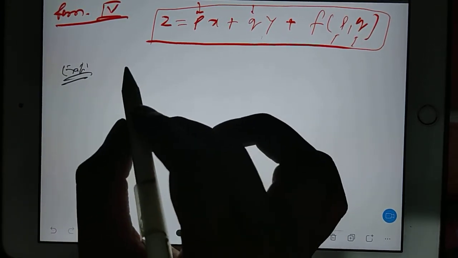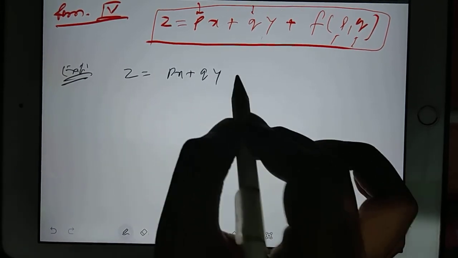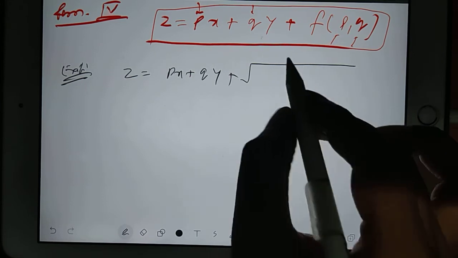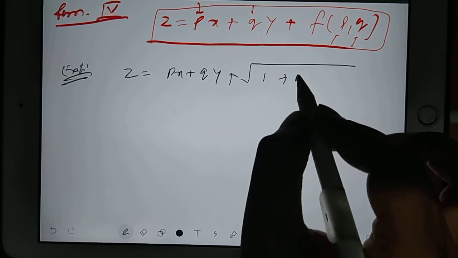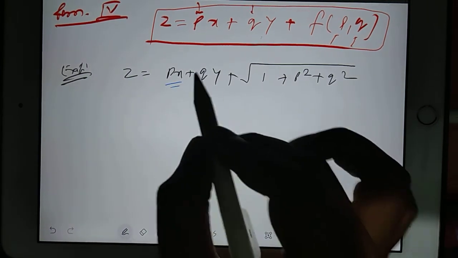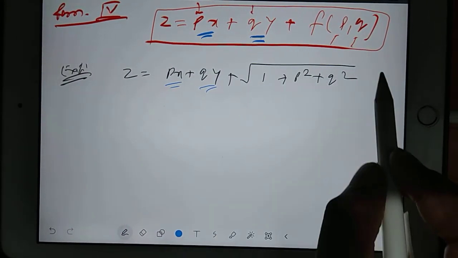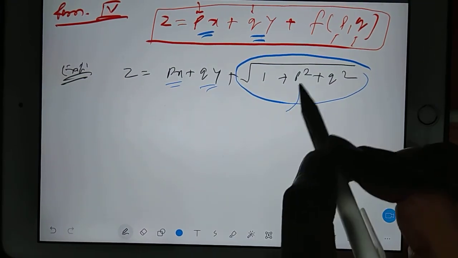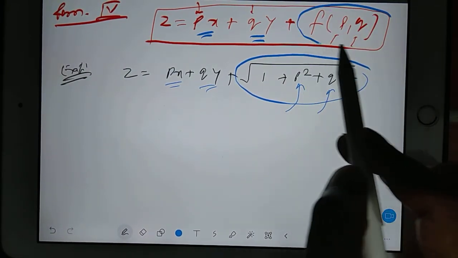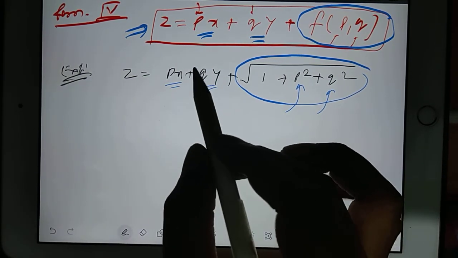Take down example. It will look like this. z is equal to px plus qy plus under root 1 plus p square plus q square. Now you see, this px is coming as it is. This qy is coming as it is. And this part is nothing but the function of p and q together, which is similar to this. So this is going to be your complete solution.